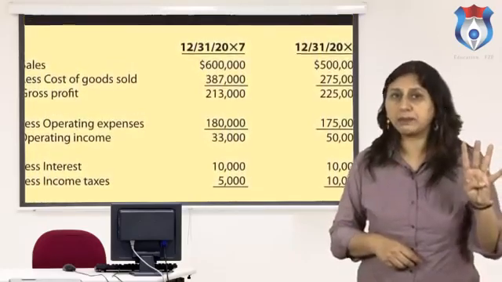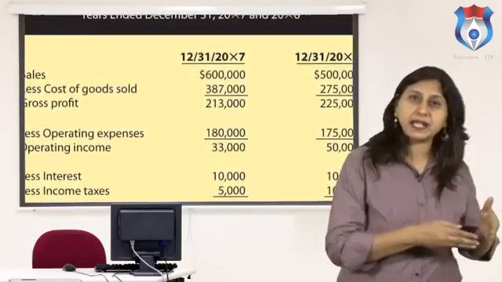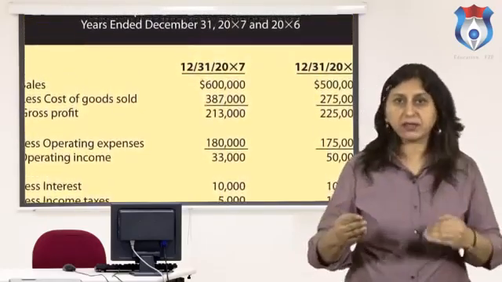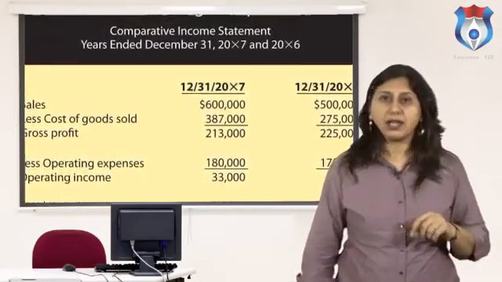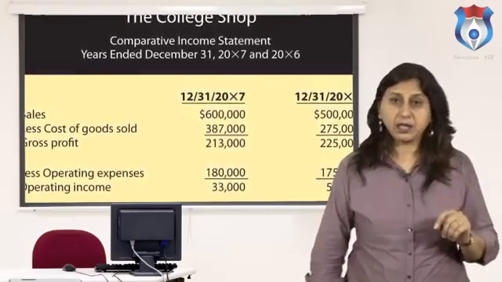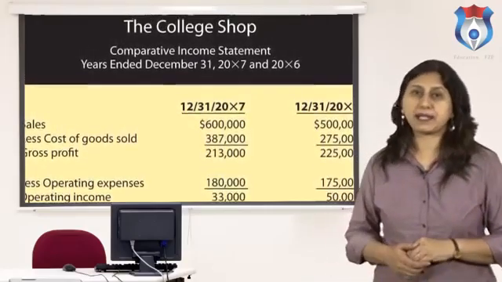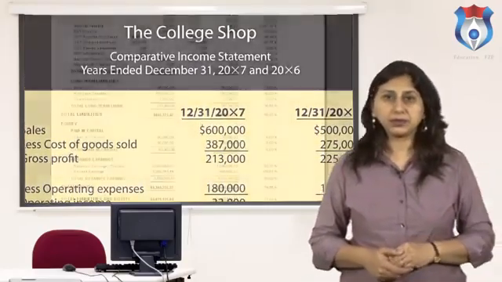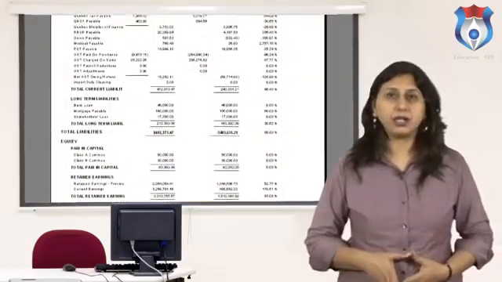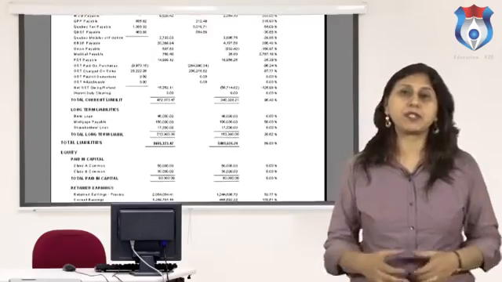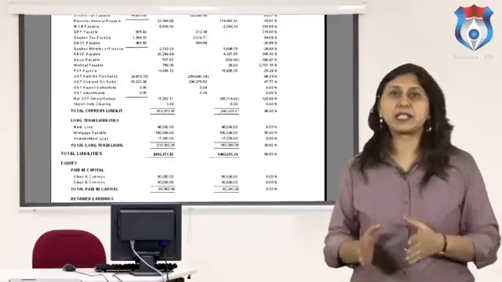The fourth column may be added for giving percentages of increase or decrease. While interpreting comparative balance sheet, the interpreter is expected to study the following aspects: current financial position and liquidity position, long-term financial position, profitability of the concern.